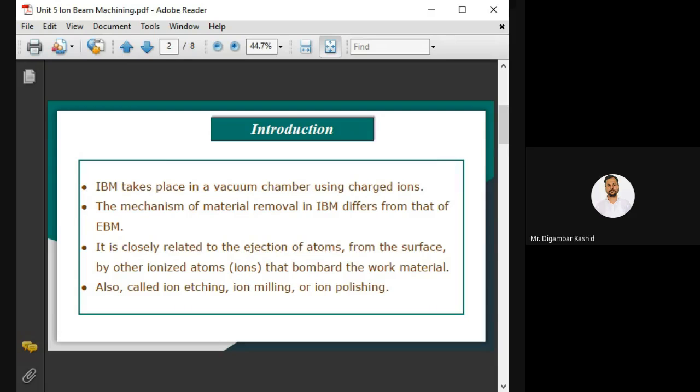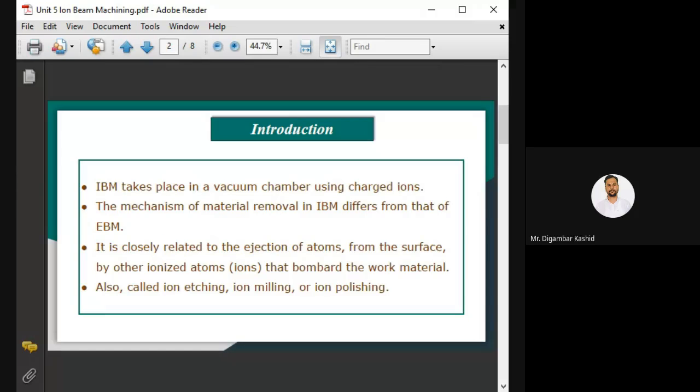I repeat, please note down these things: bombardment of ionized atoms, or we can call charged ions, from the ion source, and they are accelerated by the voltage.